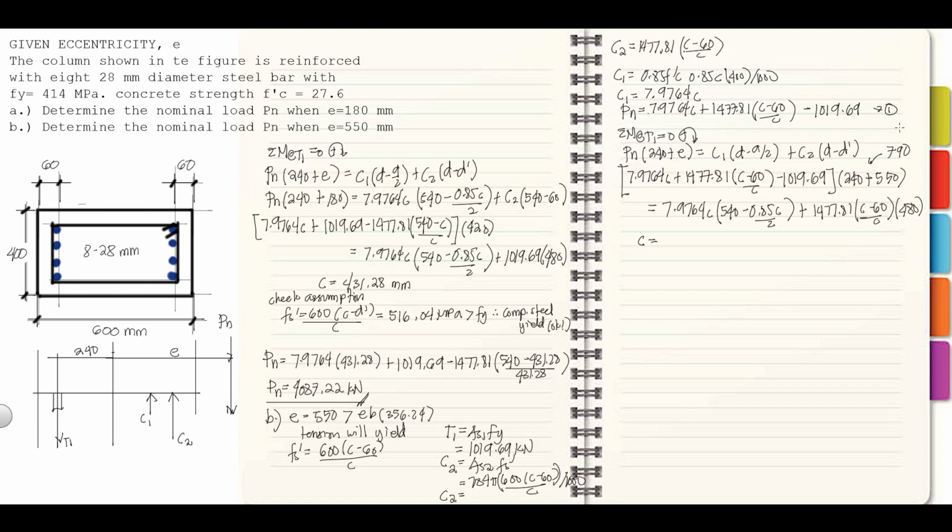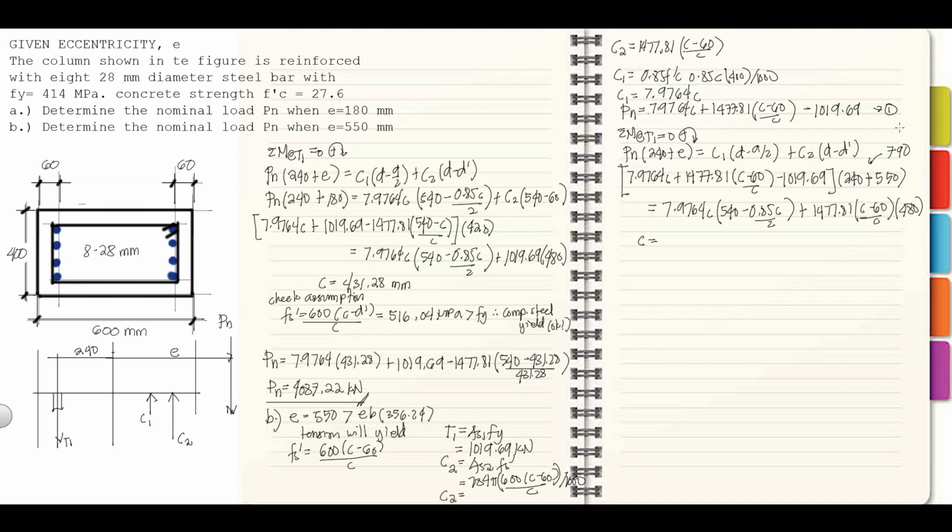Equate natin sa kabila, which is 7.9764 C quantity 540 minus 0.85 C all over 2 plus 1477.81 times C minus 60 all over C times 480.